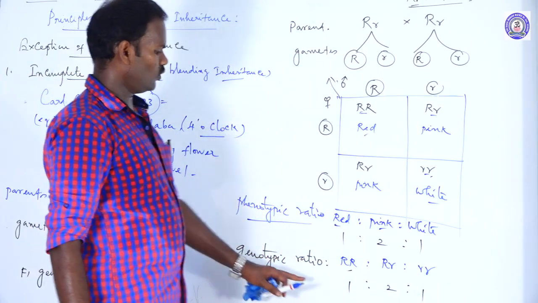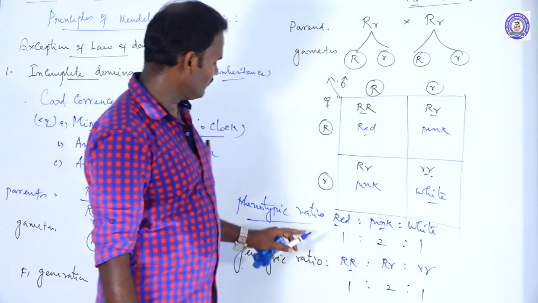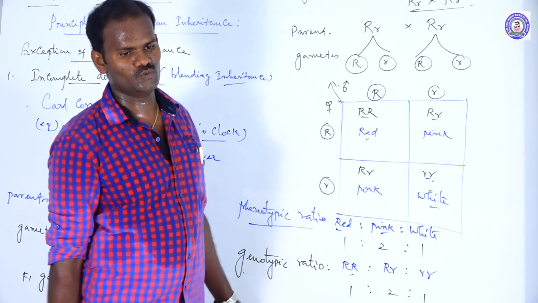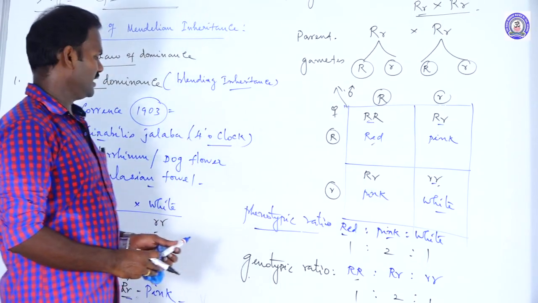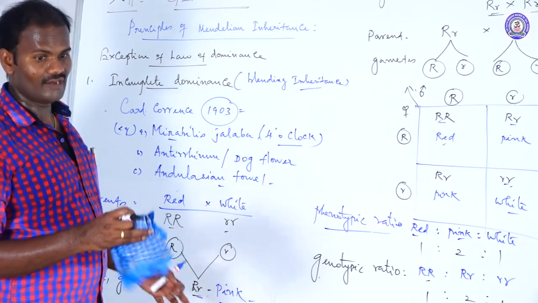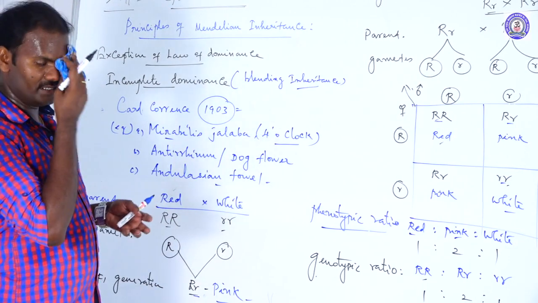So it is also 1:2:1. Here both phenotypic and genotypic ratios are 1:2:1 in incomplete dominance. It is an intermediate of the parental characters. It is a failure of the law of dominance. There is an exception to the law of dominance.